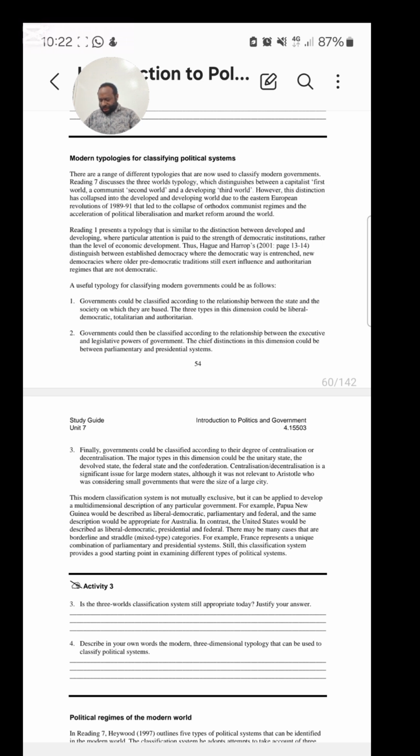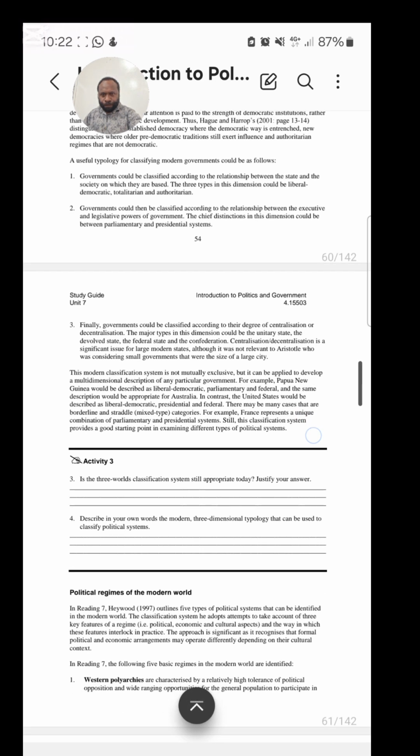Now let's look at Hansen and Harab's regimes. Hansen and Harab's distinguish between established democracy, where democratic rule is entrenched, new democracy, where older democratic traditions still exert influence, and authoritarian regimes.